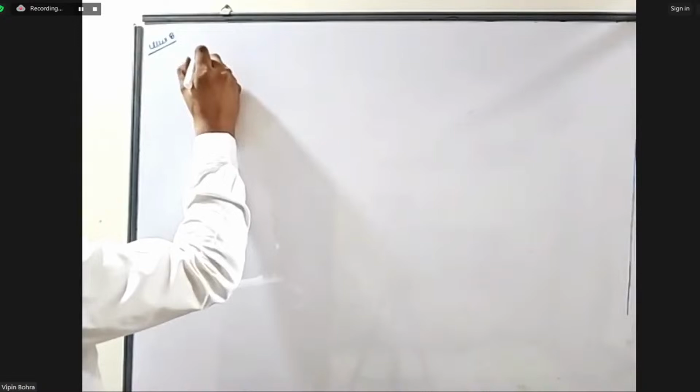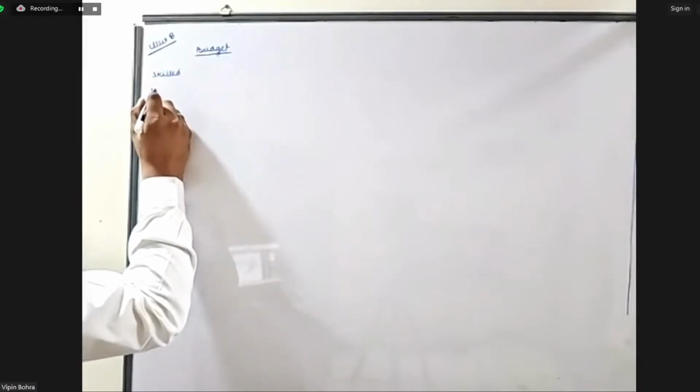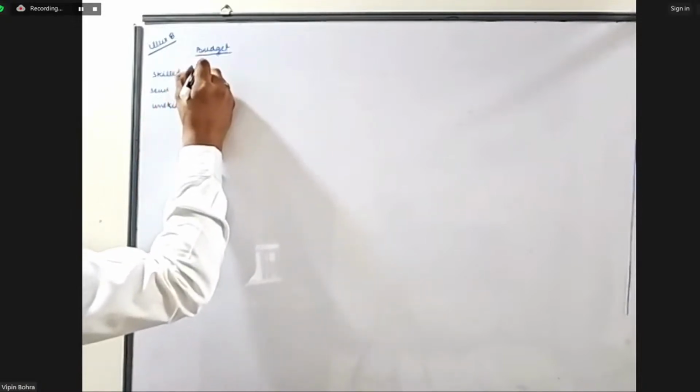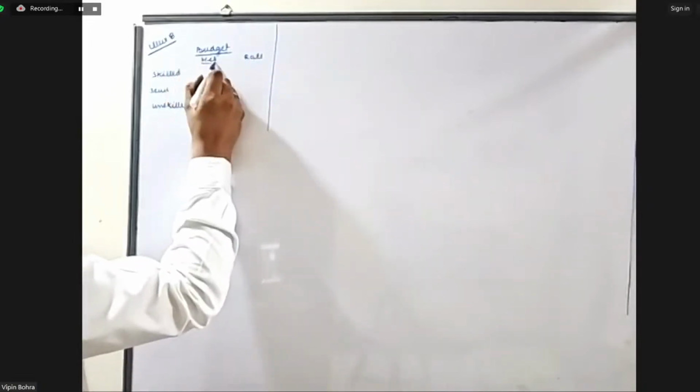Let's first find out the budgeted data. Now here the rate is given per hour and the actual number and standard numbers of workers are given. Further, it is given that it is a 40 hours week. So we'll first calculate the budgeted hours.